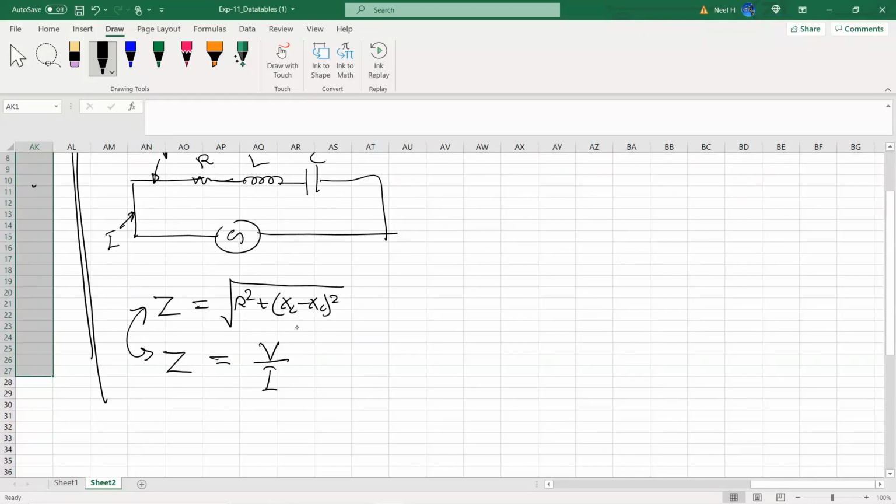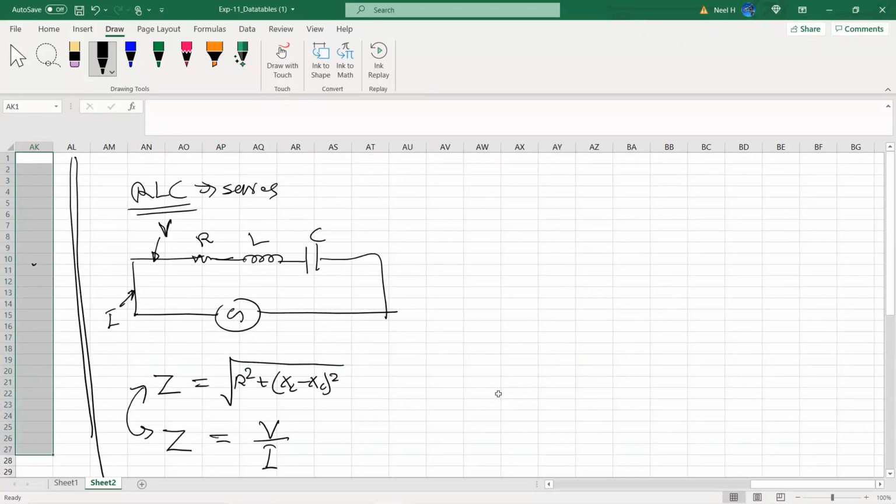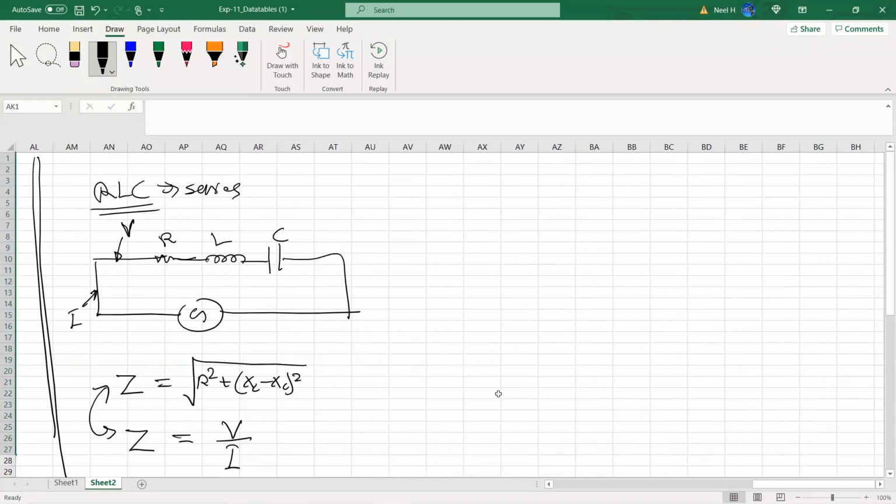Now, on the other hand, if I change the frequency while keeping the applied voltage constant, we know this circuit behaves very differently than any other circuit, because the power can be maximized at one certain point. Power is simply, in this case, P equals V0 I0 cosine phi divided by 2, right?